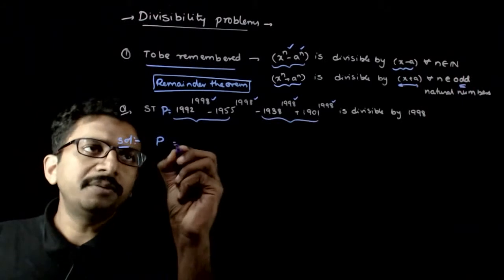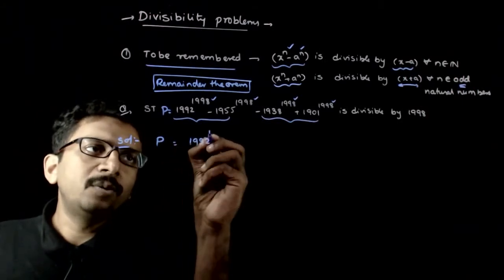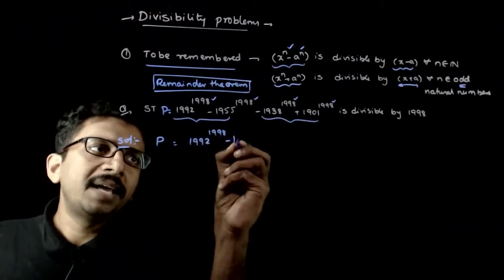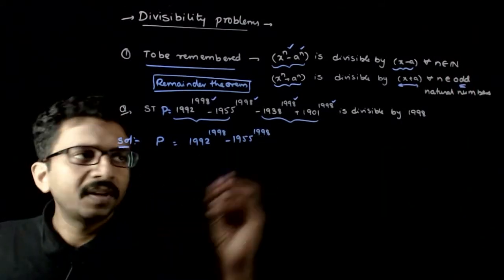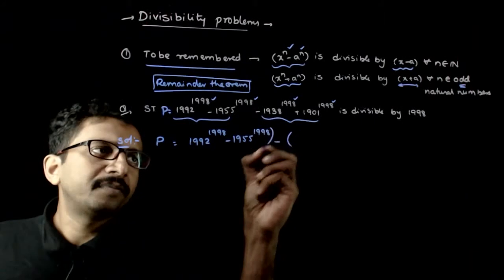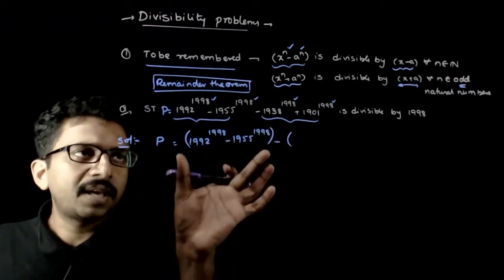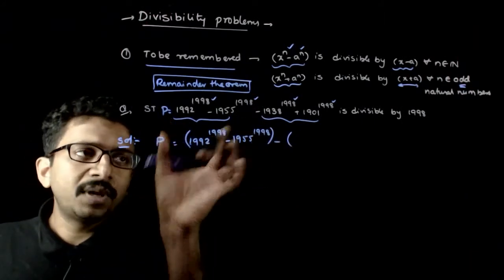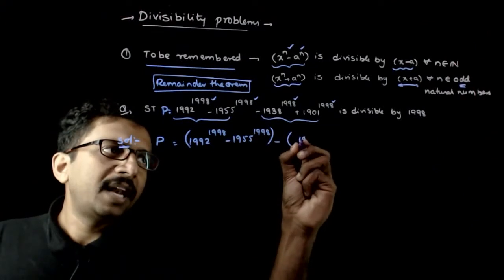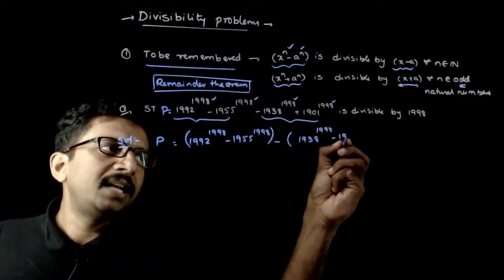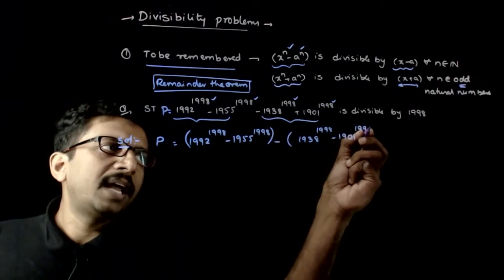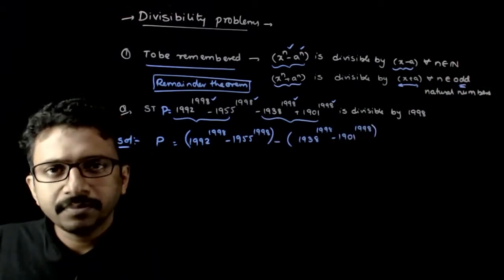So p is equal to 1992 power 1998 minus 1955 power 1998, minus of, I have made this into one group, 1938 power 1998 minus 1901 whole power 1998.